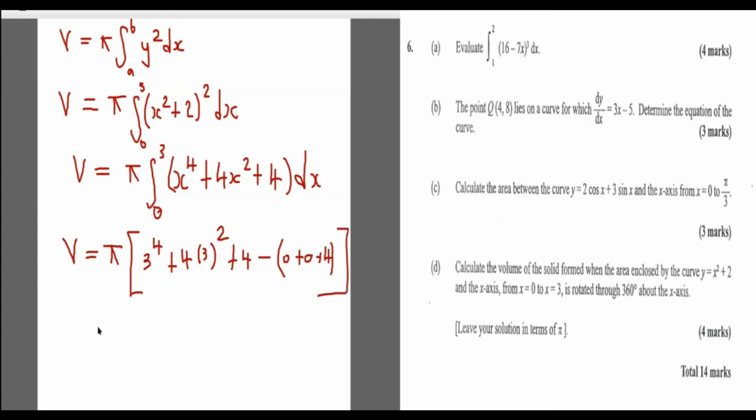And so what this works out to be is that volume is equal to, let's simplify inside the bracket first, 3 to the 4th power plus 4 times 3 squared plus 4, then we subtract 4, and so the volume works out to be 117 pi. But what is volume? Volume is units cubed.